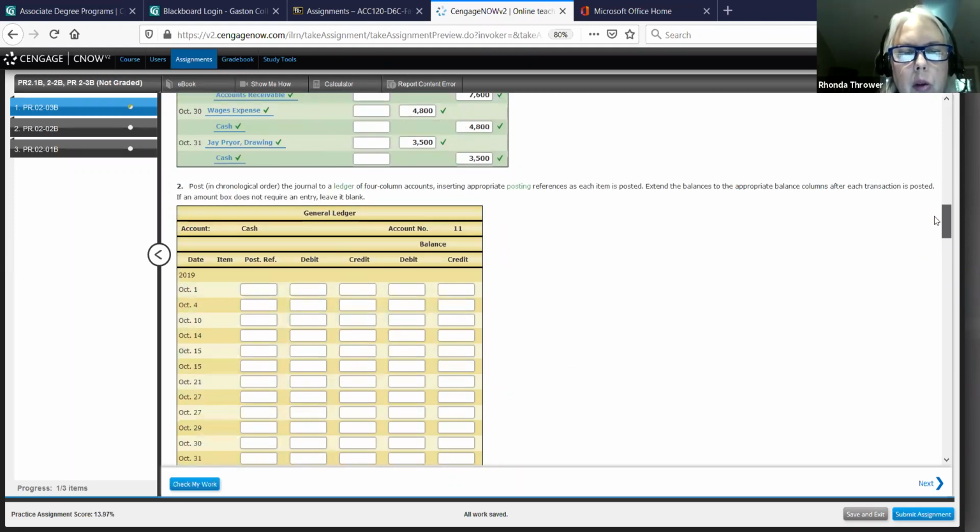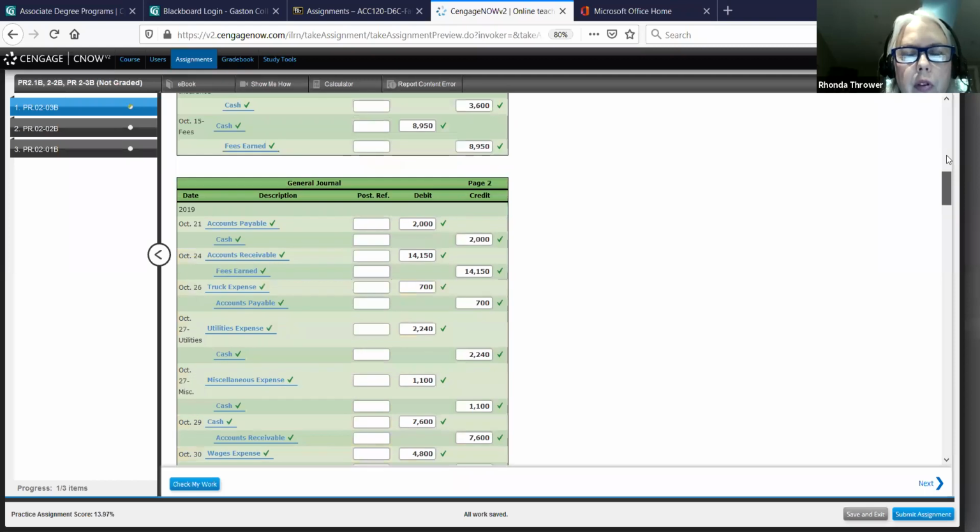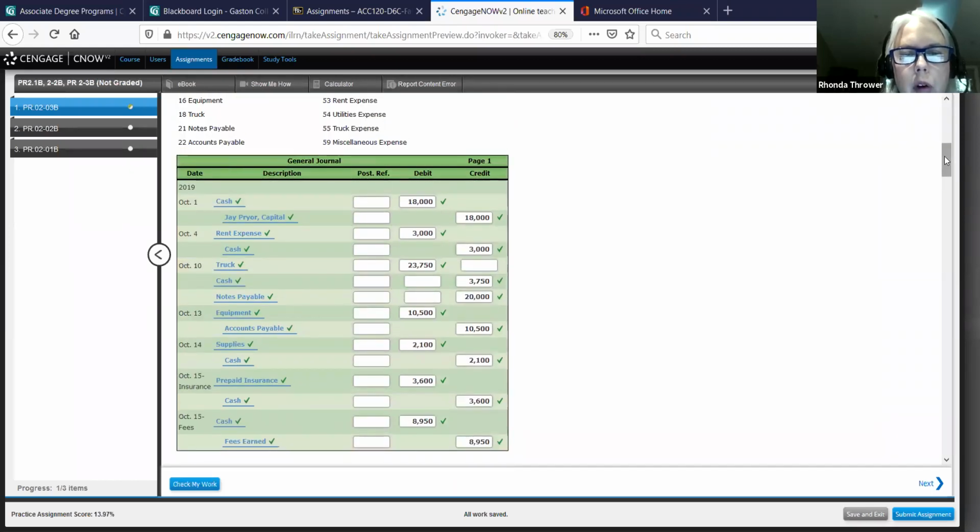So on October the 1st, we will go to the cash account, which is located in the ledger. We will put down our post reference first. In the post reference, we're going to put the page number of the journal that we're copying this information from, so it shows an audit trail.